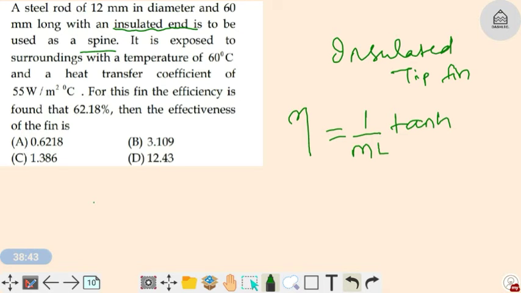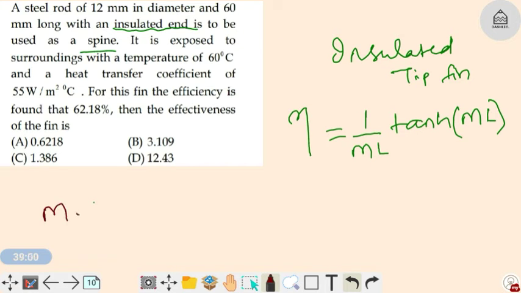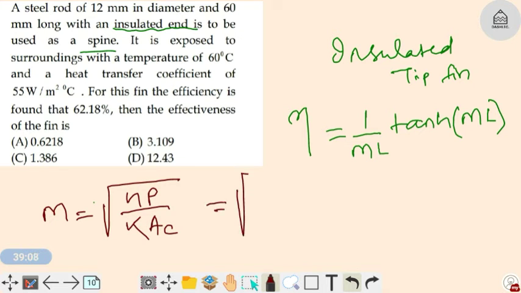Sorry, I really apologize, not tan inverse, tan hyperbolic ml. So what is m? We have used this m from the previous question, that is the square root of HP divided by K Ac. What is H?